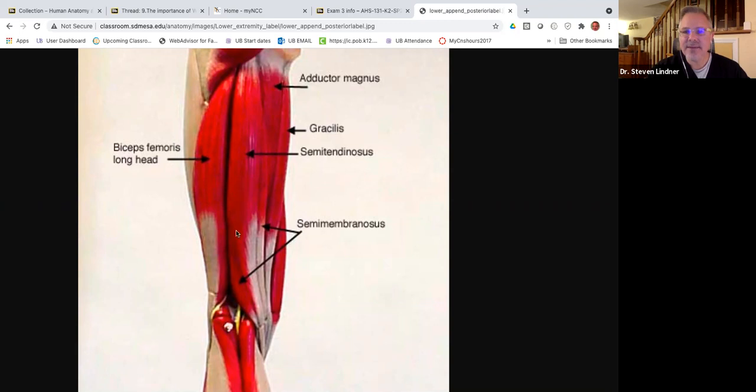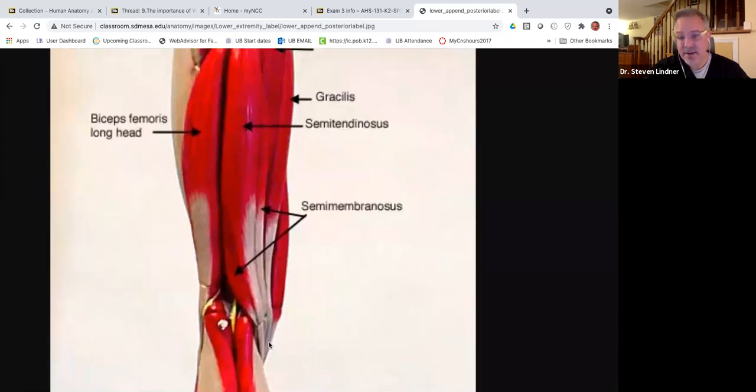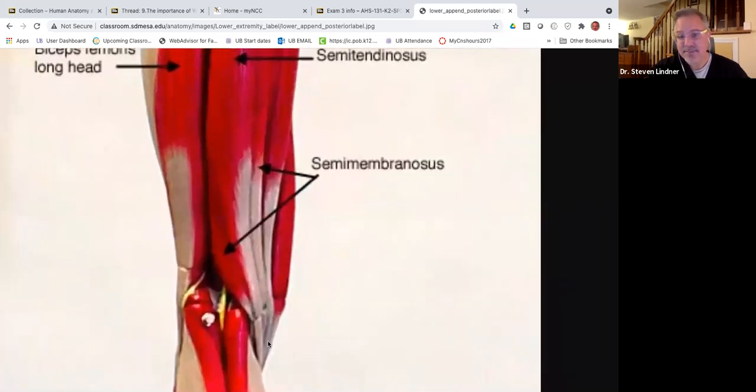The semitendinosus has a very specific insertion on an area called the pes anserine, as does the gracilis. The gracilis comes down here and has the same insertion right here. It looks like a goose foot, and that's what pes anserine actually means. It means goose foot. There are 3 muscles that attach here on the pes anserine.